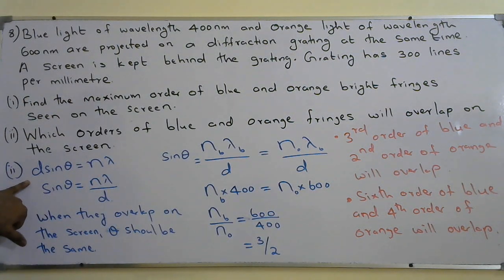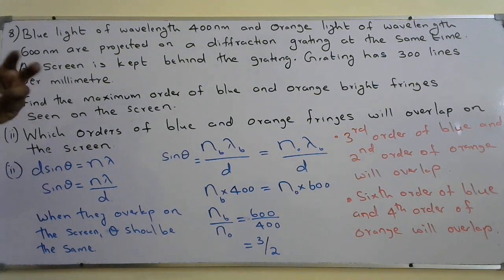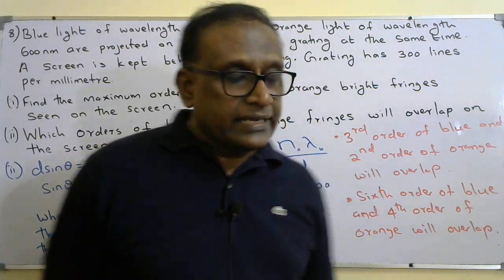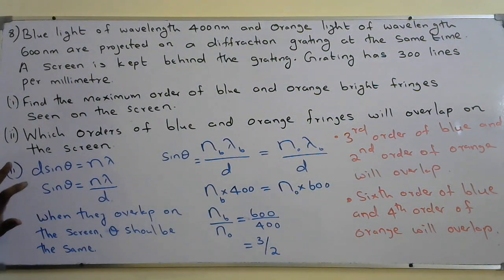So d sine theta equals n lambda. In the first part we already found the maximum number of blue and orange orders that could be created. So here we use d sine theta equals n lambda, sine theta equals n lambda over d. When they overlap on the screen, they should have the same theta.